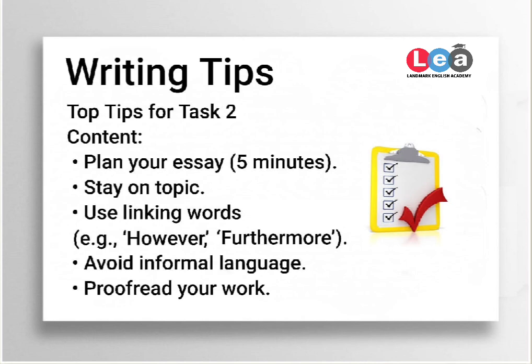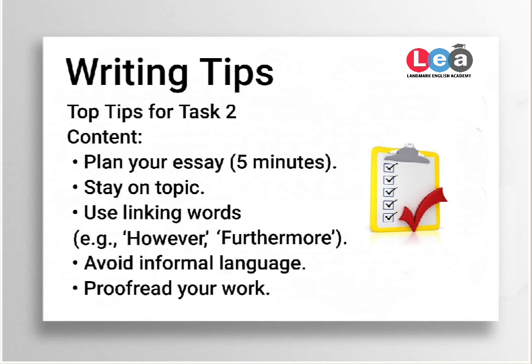Then next is avoid informal language. We are not allowed to use contractions such as don't, can't, wanna, gonna. These contractions are not allowed in your IELTS writing task 2, as they are counted as informal. Last, proofread your task. As you invest 5 minutes to plan, after completing your task you need to leave 5 minutes to proofread it so that you can go through your minor mistakes and correct them.